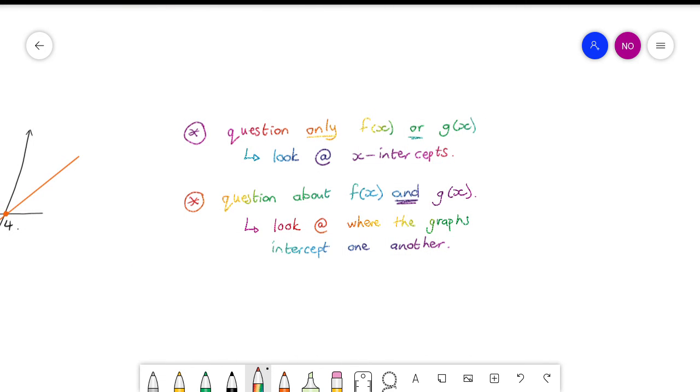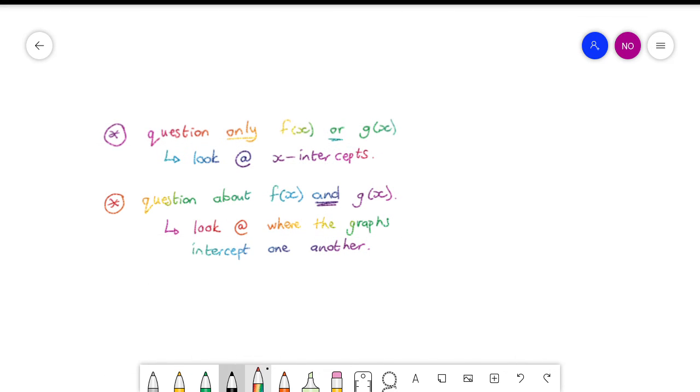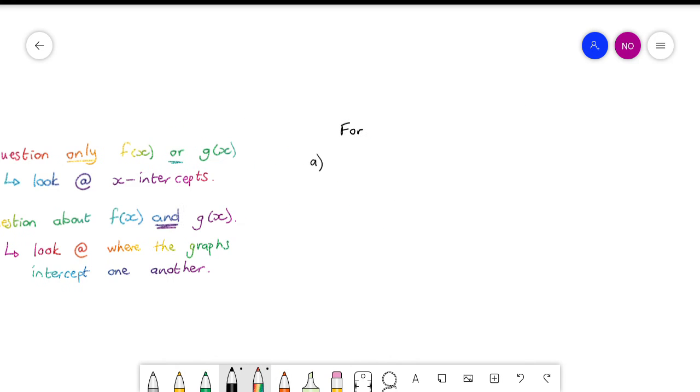So, like I said, I'm going to deviate from the questions in your textbook. Let's say the question was, all of these are for which values of x? So, alles van hierdie is vir watter waardes van x? So, vir watter waardes van x sal f van x groter wees as 0?